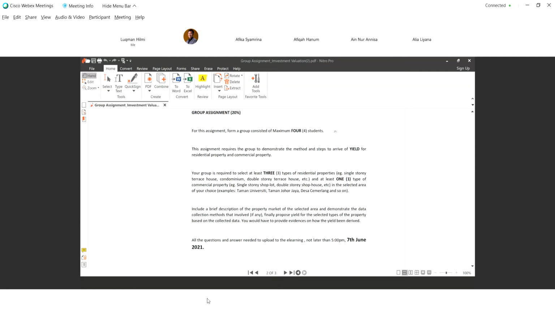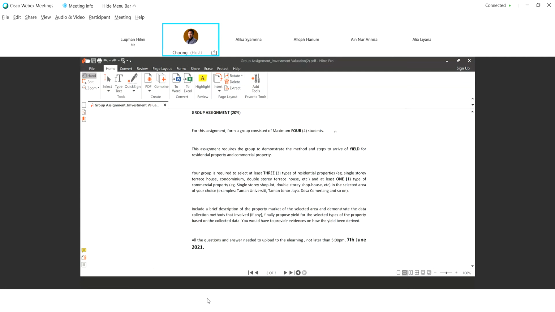Jangan cari yang jauh-jauh, cari yang terdekat sekali. Contohnya lah Taman Johor Jaya. So make sure that your residential property dengan your commercial tu dalam tempat yang sama juga. Kalau memang tak ada yang berkaitan, mungkin you cari taman terdekat lah.